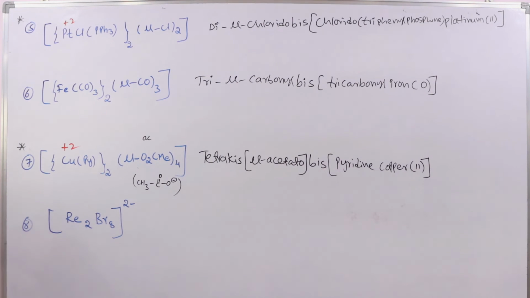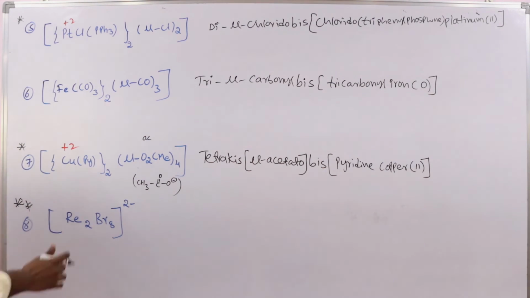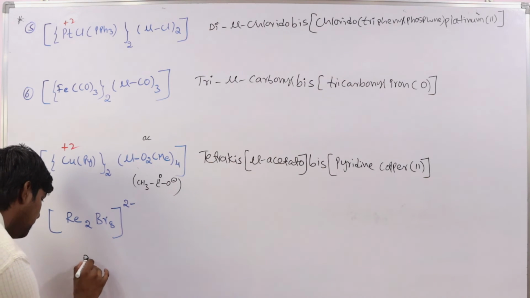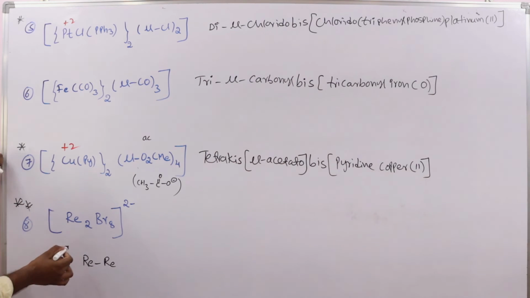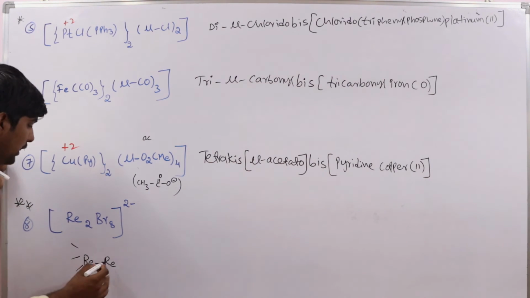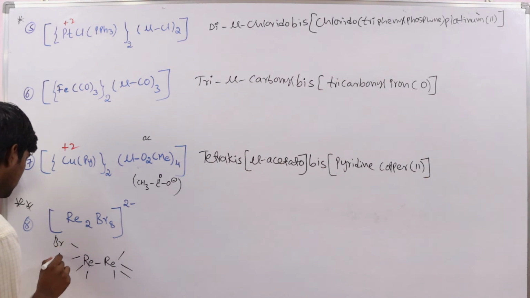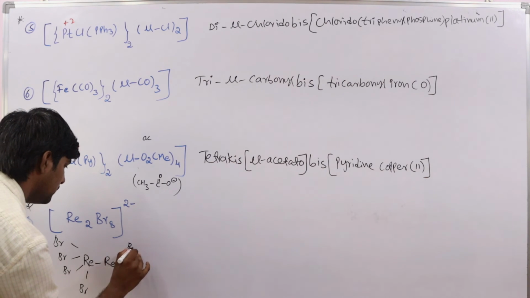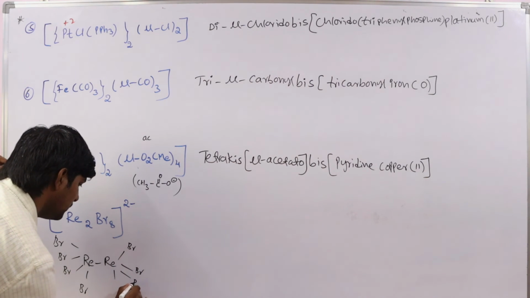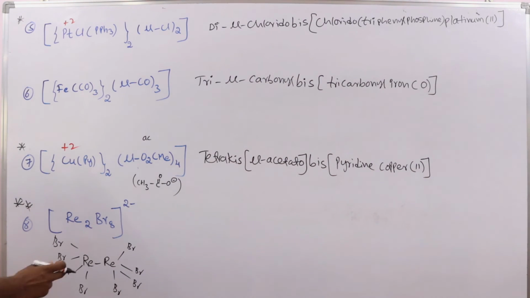Next, see this. This is also a special case. There is actually no bridge ligand, but there is a bond present between the rhenium and rhenium. Here we have 4 bromine atoms attached to each.